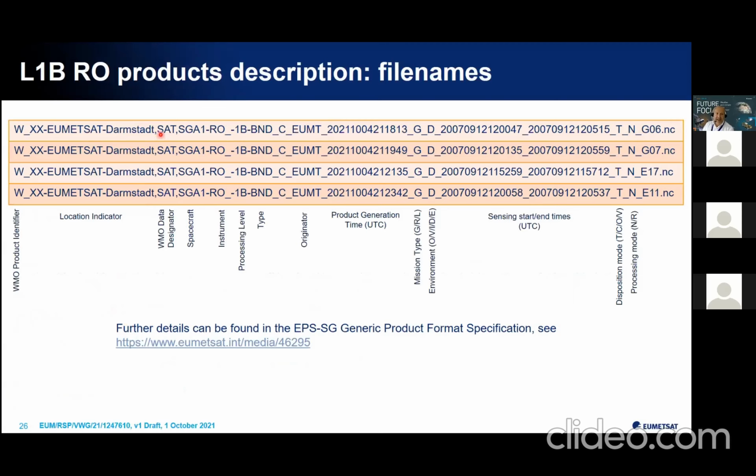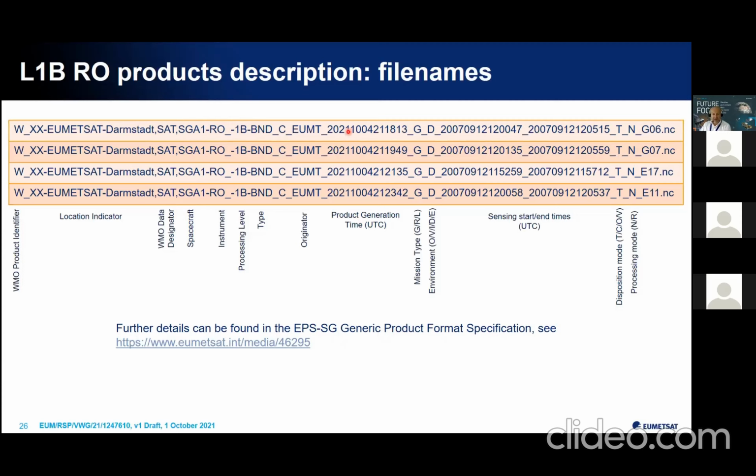Regarding the products, we have one file for each occultation. The file name and the content of each product is fully defined by the EPS second generation generic product format specification. You can recognize in the file name several pieces of information: the spacecraft, the instrument, the processing level, and the type, bending.